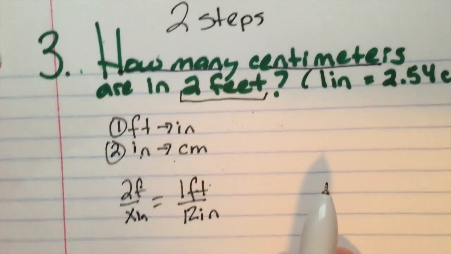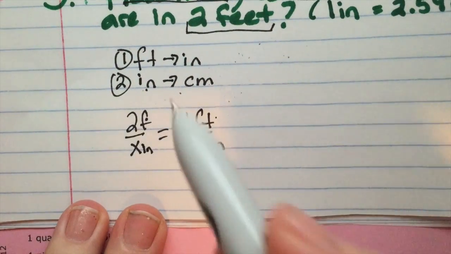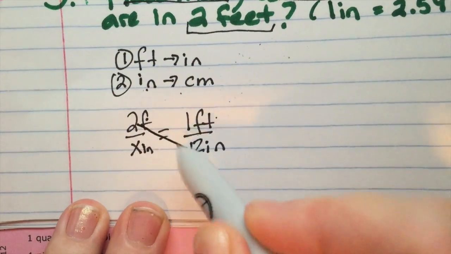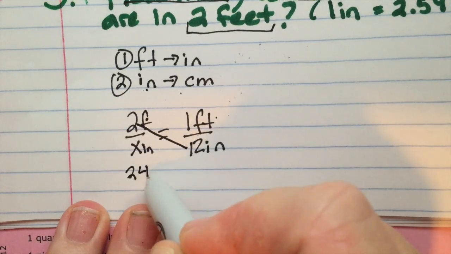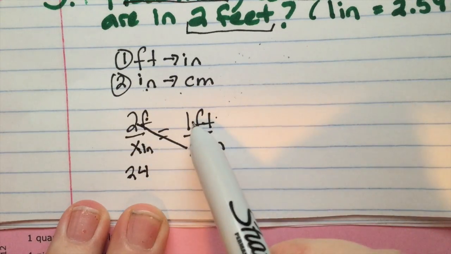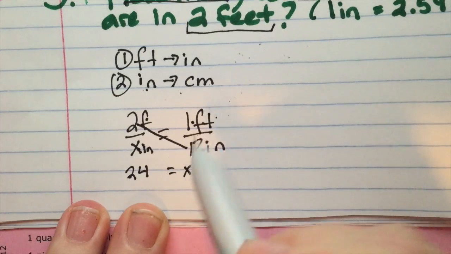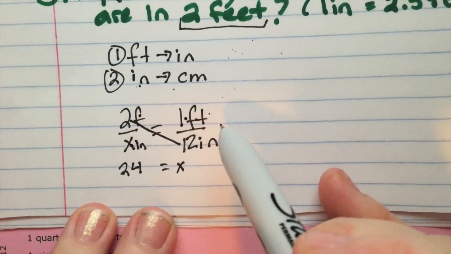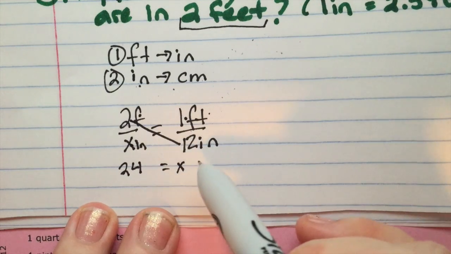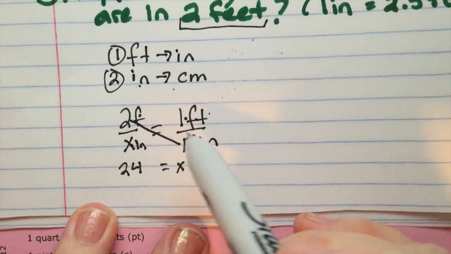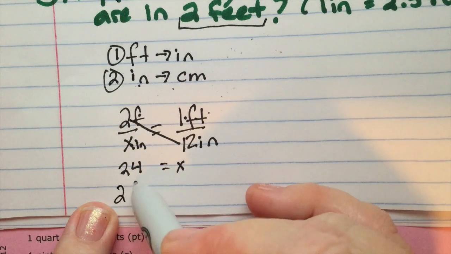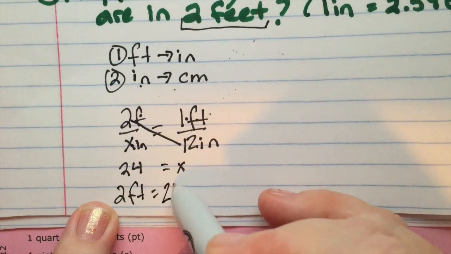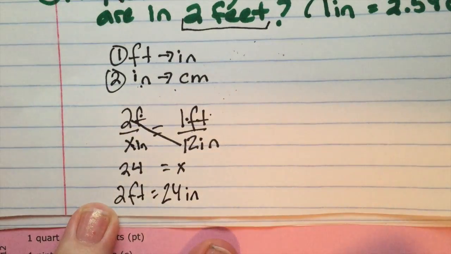This is the correct proportion. We can cross multiply to solve it. 2 times 12 is 24, and x times 1 is x. So I don't even need to solve any equation here. This has turned out pretty easy. 24 equals x. That means that in 2 feet, there are 24 inches.